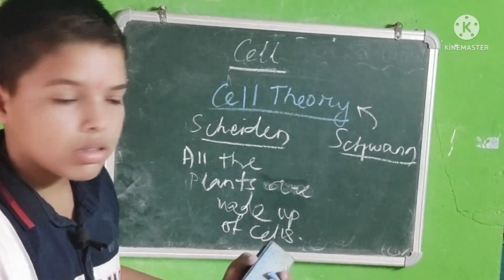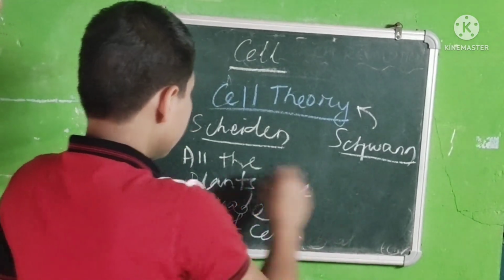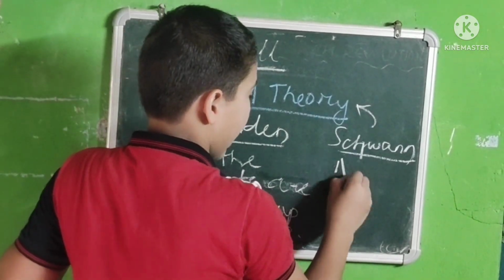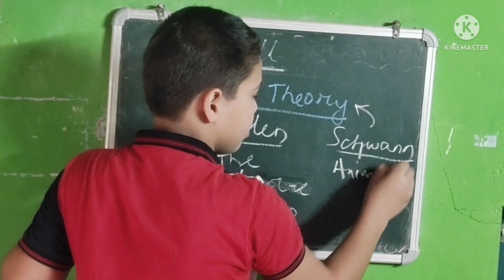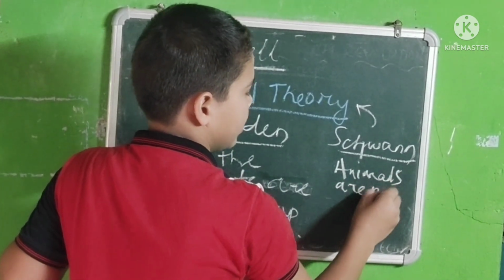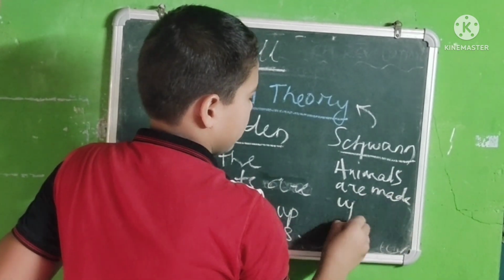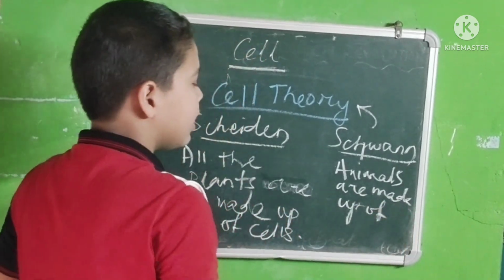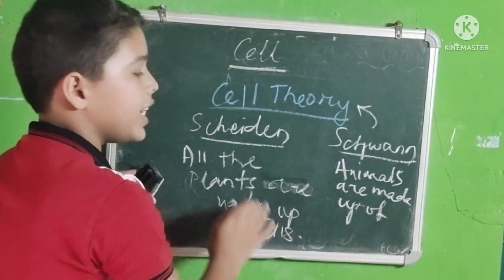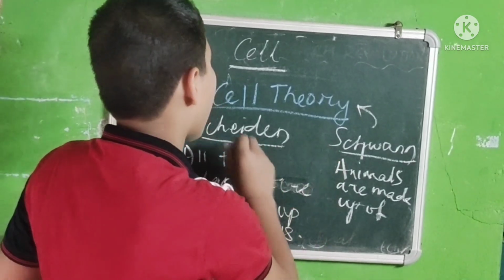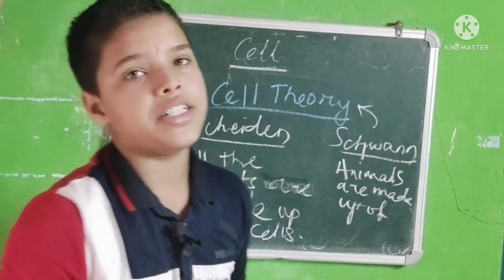And what did Schwann propose? He proposed that animals are made up of cells. The cell theory is these two statements given by these two great scientists.